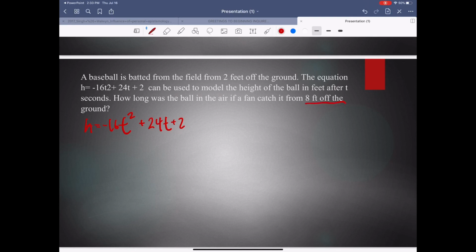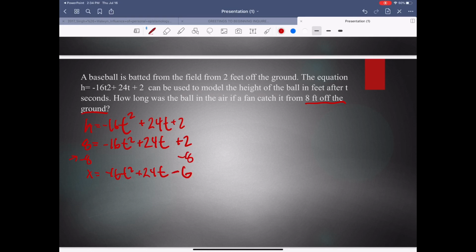So this one says 8 feet off the ground, so that means I need to change my h to 8, equal to negative 16t² + 24t + 2. Now notice I need to have a 0 here to use the quadratic formula. So I'll do minus 8. 0 is equal to negative 16t² + 24t minus 6.